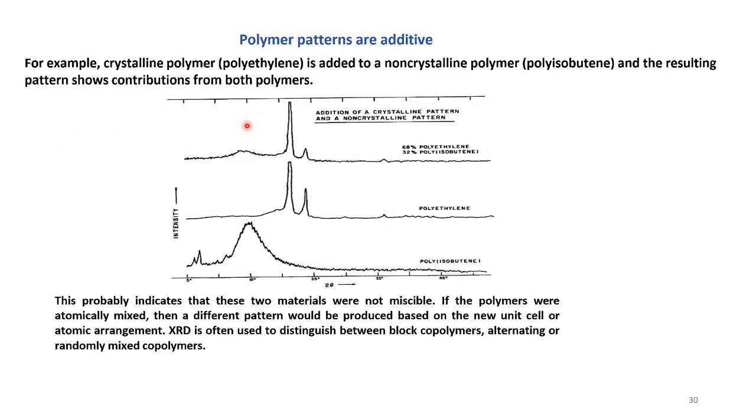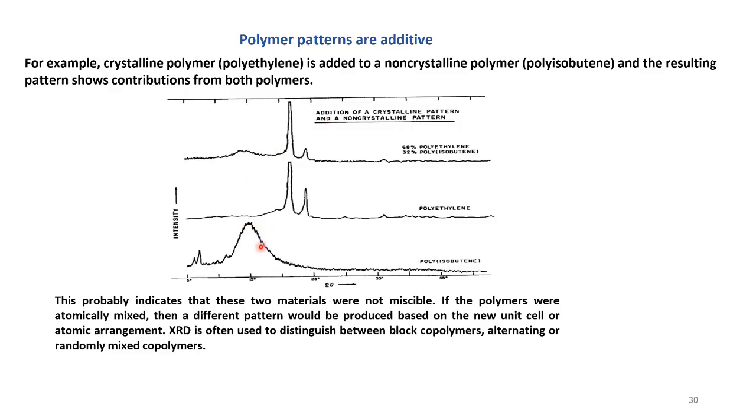So this is an example of a polymer XRD pattern. Polymer patterns are additive. So here we see the first peak is the polyisobutylene, then we have polyethylene. So when we combine these two in a ratio of 68% polyethylene and 32% polyisobutylene, we'll get the peaks of both of these. So it is an addition. So these peaks are additive.